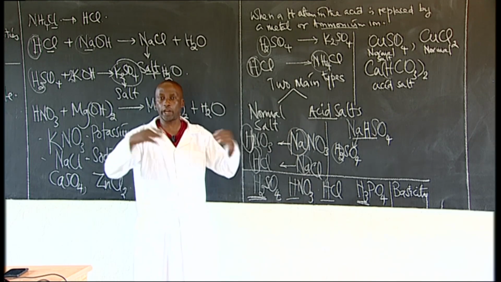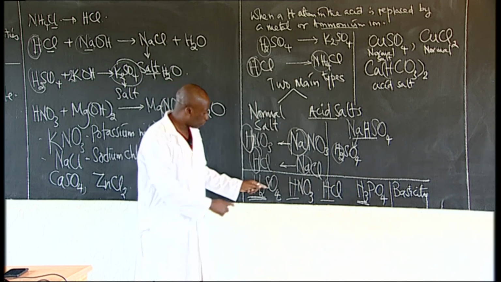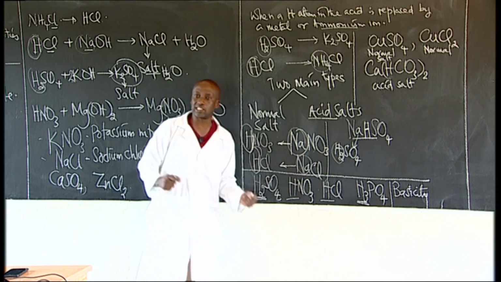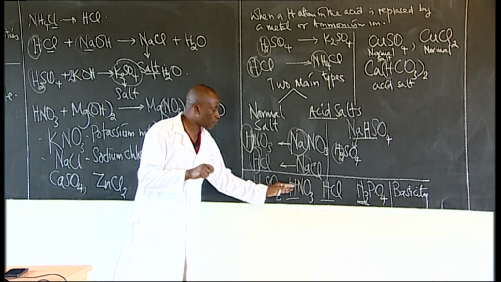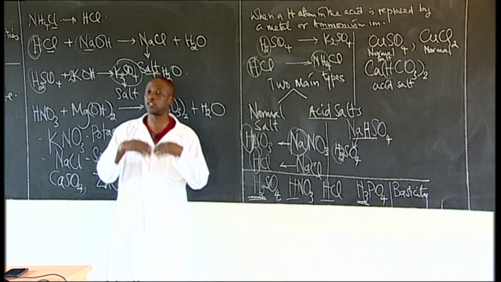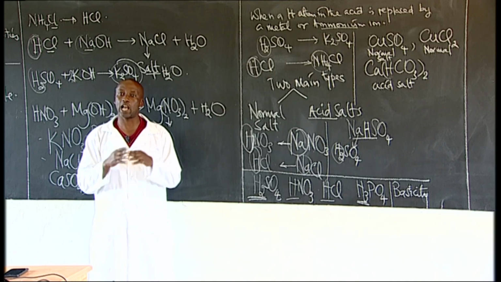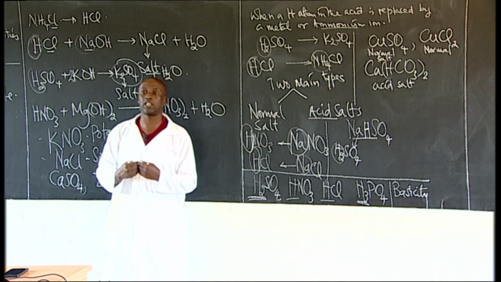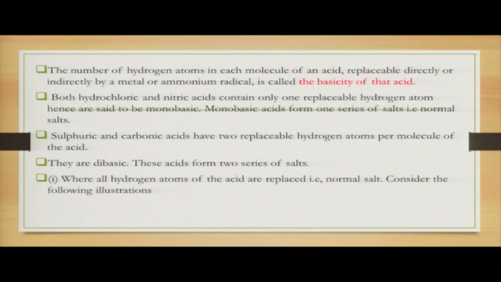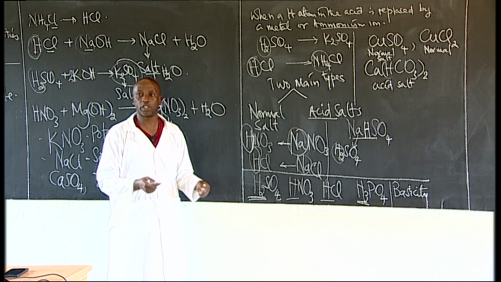If there are many hydrogen atoms, they can be polybasic acids, where poly refers to many. So this is the difference on the acids that you need to remember. The number of hydrogen atoms is used to describe the nature of the acids, the number of hydrogen atoms contained that can be replaced by the metal to form the salt.